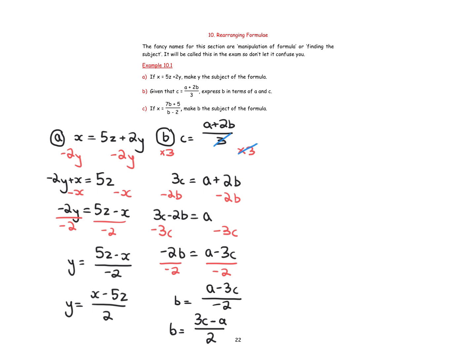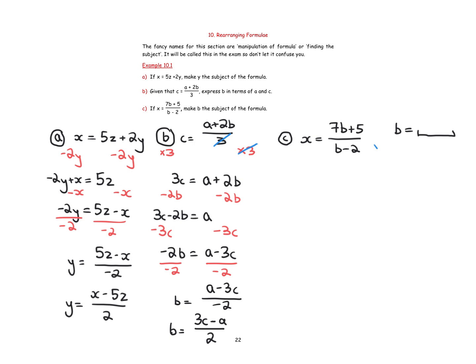Next, we'll look at c, and on c, it says if x is equal to 7b plus 5 all over b minus 2, make b the subject of the formula. So again, here, we need to make it look like b is equal to everything else. Again, we're dealing with a fraction here, so we need to make sure that we don't have a fraction.